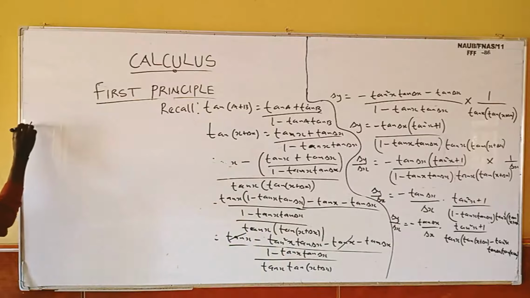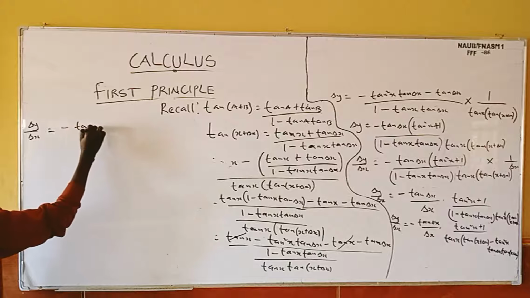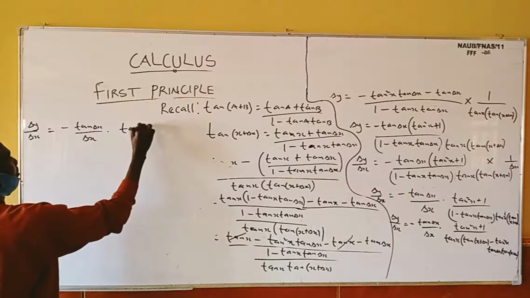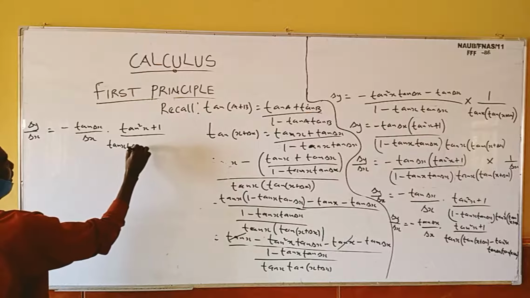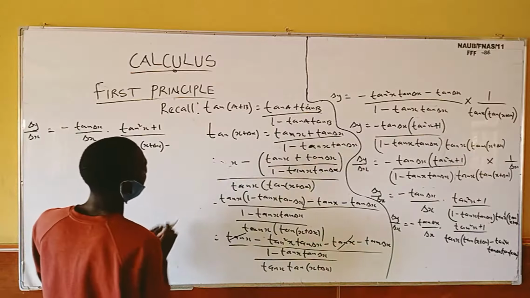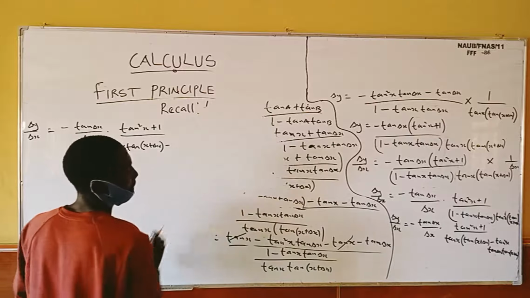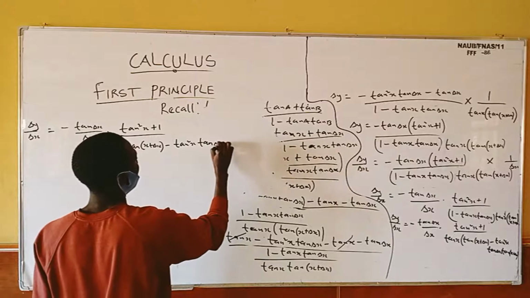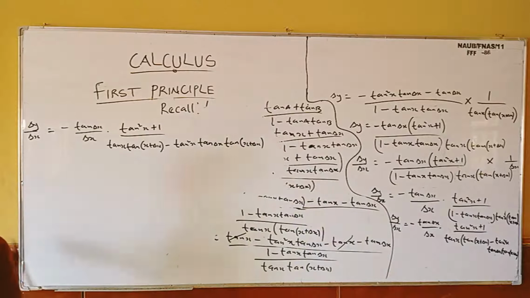So now change in y all over change in s will be equal to minus tan change in s all over change in s multiplied by tan square s plus 1 all over tan s tan s plus change in s minus tan square s tan change in s tan s plus change in s. So now the next thing is to take the limit.